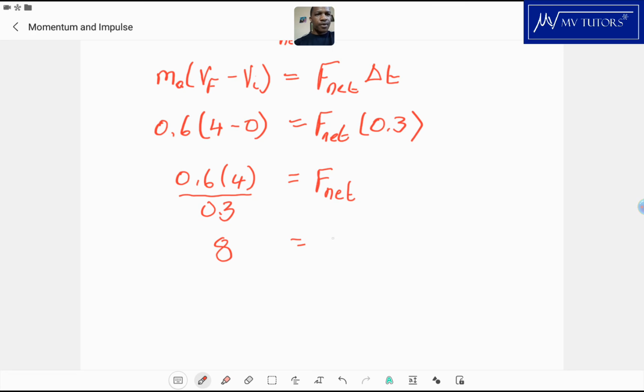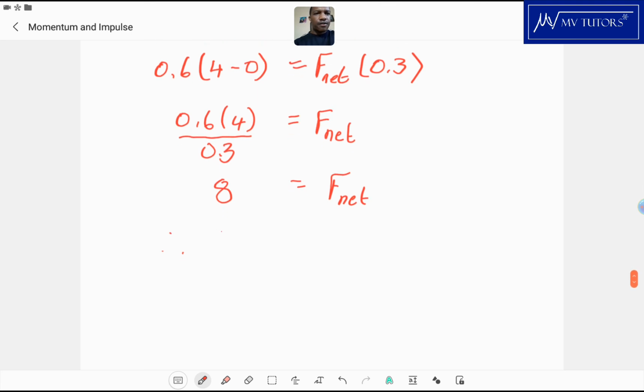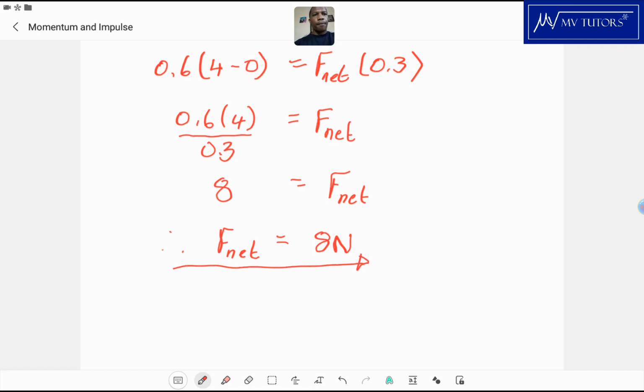So therefore, we can conclude that the net force is 8 newtons. Force is always in newtons. That's our final answer.